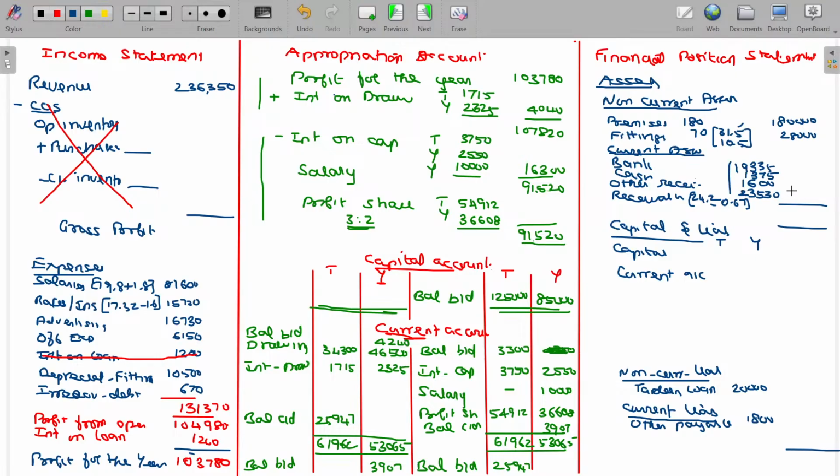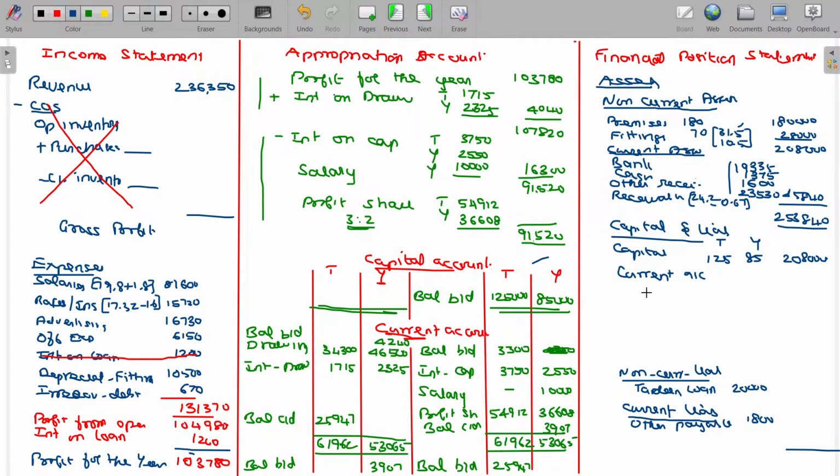The total of these 4 items being 45,840. If I total up all these values, this will be 2,53,840, non-current assets and current assets. Capital in case of T and Y, 125 and 85 ends with 2,10,000 rupees.